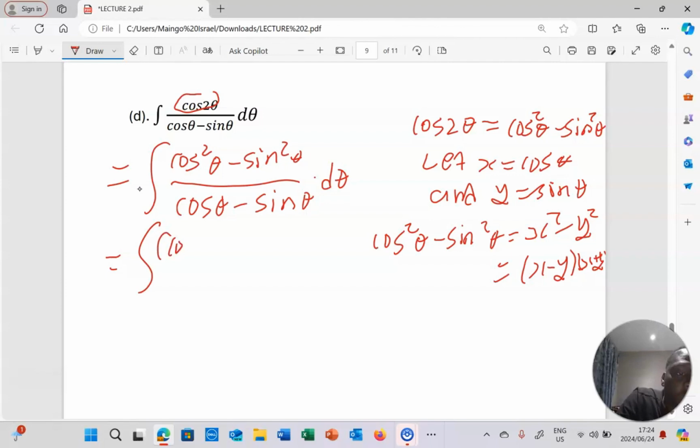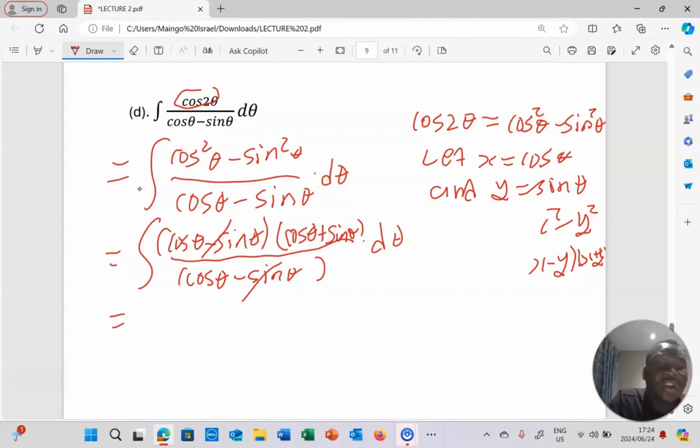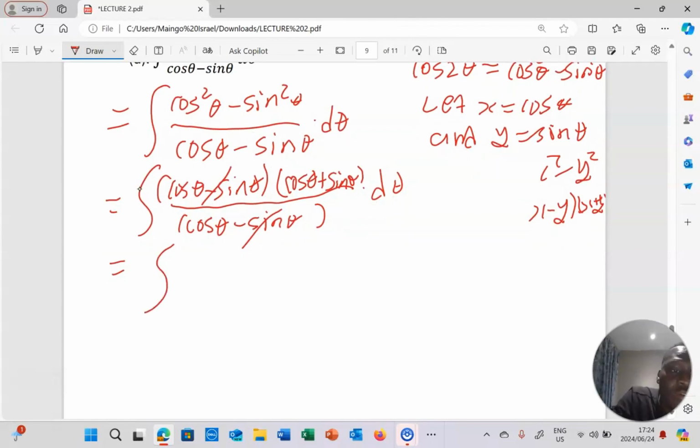So that's what we're going to apply here. This will be cos theta minus sine theta, times cos theta plus sine theta, all divided by cos theta minus sine theta, with d theta. So the common factors can go away, and we have the integral of cos theta plus sine theta d theta.